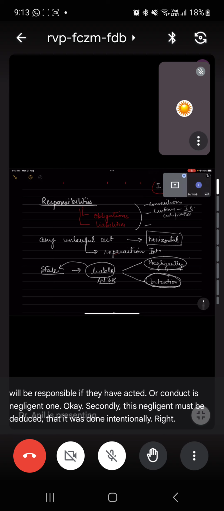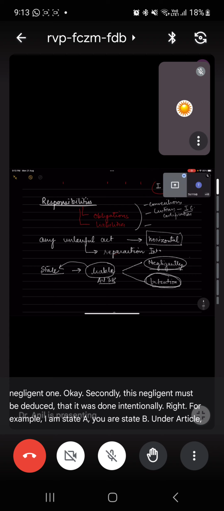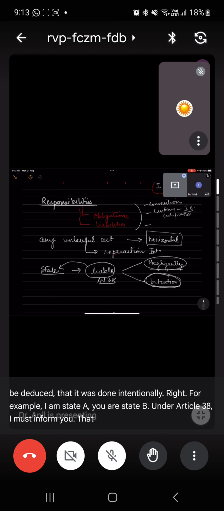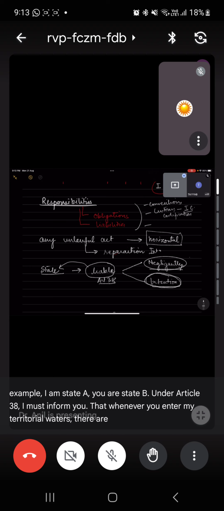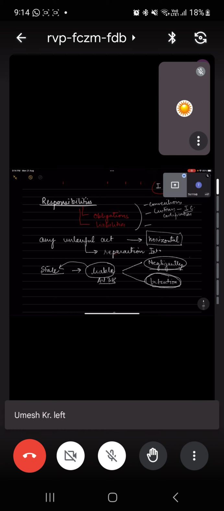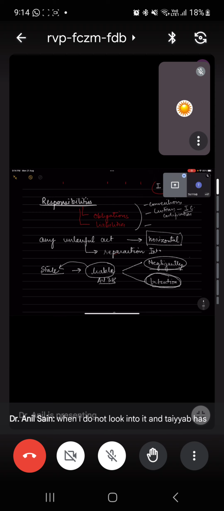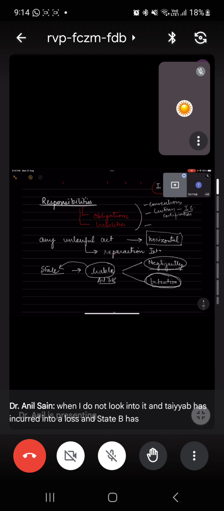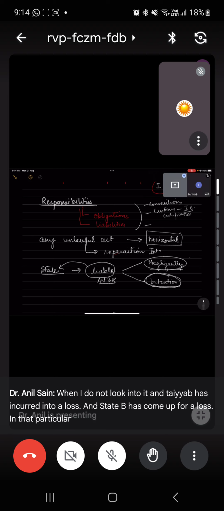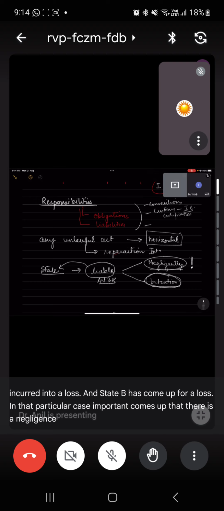For example, I am state A, you are state B, Tayyab. Under Article 38, I must inform you that whenever you enter my territorial waters, there are mines being placed. Now, as state A, my conduct is proper information which must pass on to Tayyab, who is state B. When I do not look into it and Tayyab has incurred a loss, and state B has come up for a loss, in that particular case it comes up that there is negligence, right?